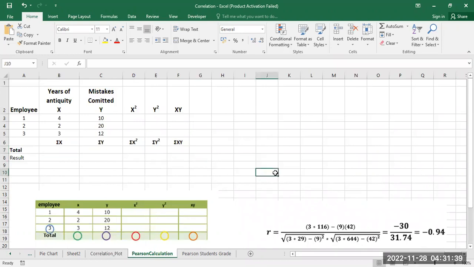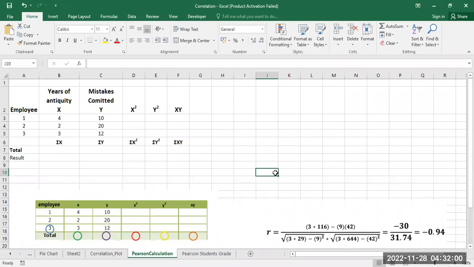Now you can see here on this table, we've been given a table of 3 employees, just 3 employees, and the number of years they spent in a particular company, and then the number of mistakes committed by each of the employees.